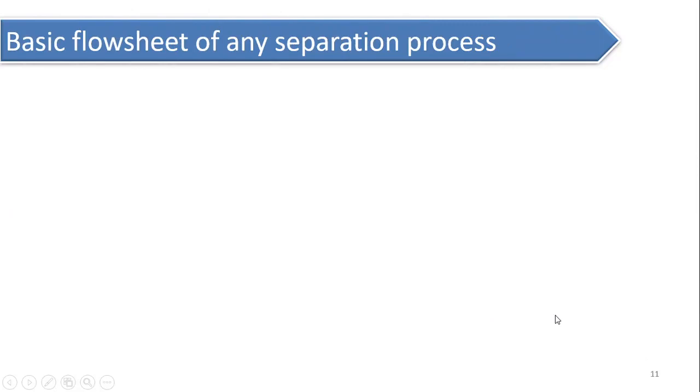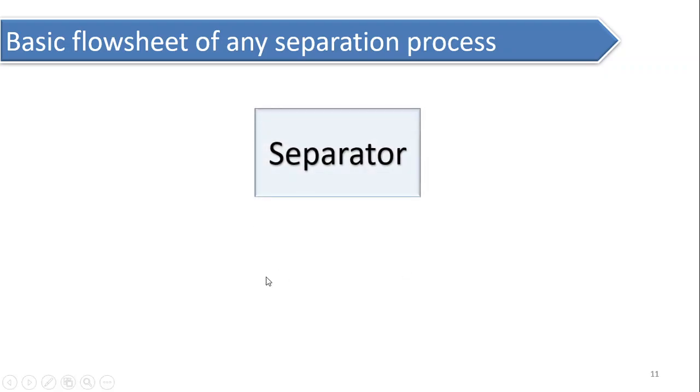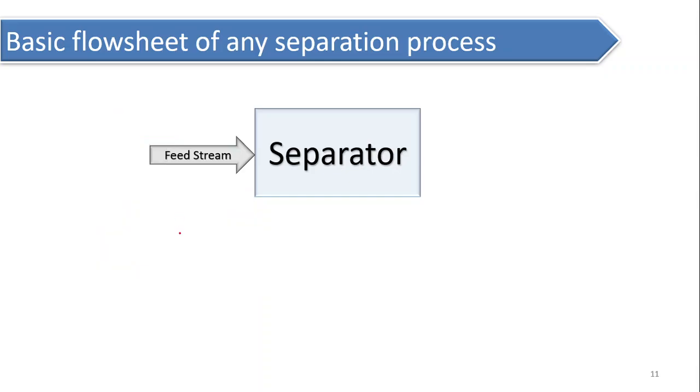Now in this lecture we are going to discuss first the basic flow sheet of any separation process, and how the separation process goes on. For example, if this is a separator and the feed stream is going into the separator, what happens? There is one very important thing required for any separator, and we should know about it, and that is called the external agent. It can be energy or a material.